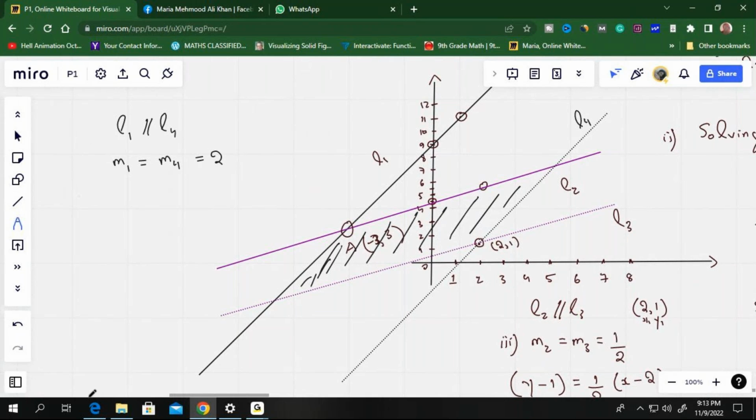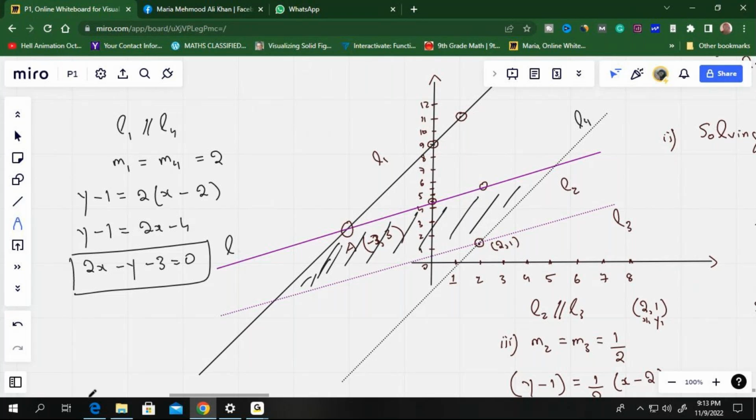I can form the equation using point slope form. y minus 1 equals 2 times x minus 2, so y minus 1 equals 2x minus 4. So 2x minus y minus 3 equals 0. This is the equation of your L4.